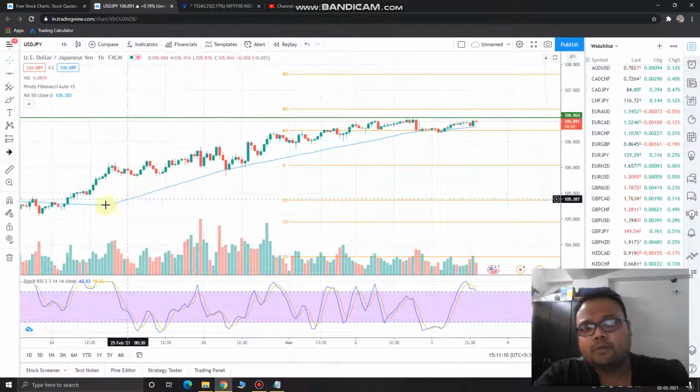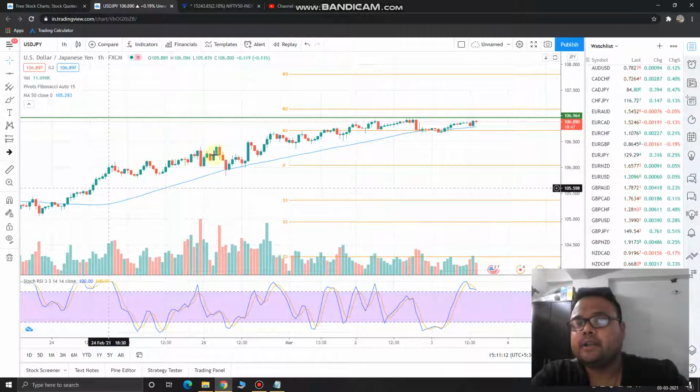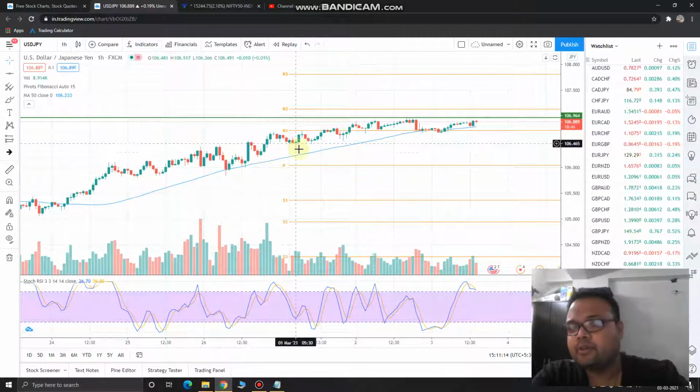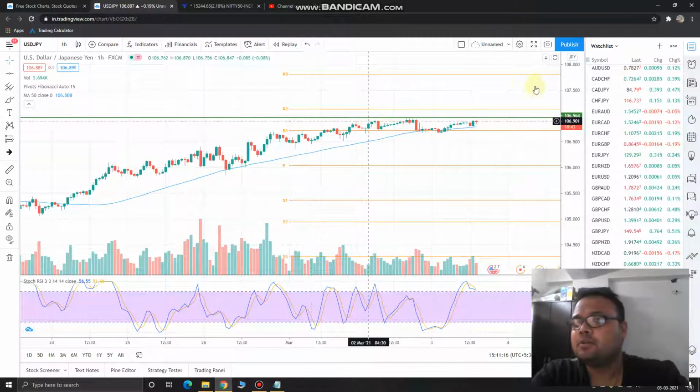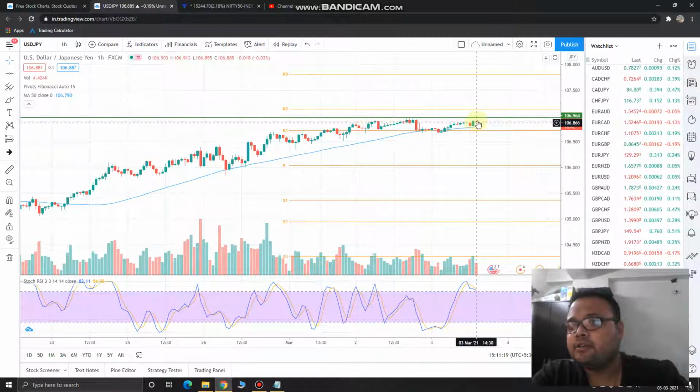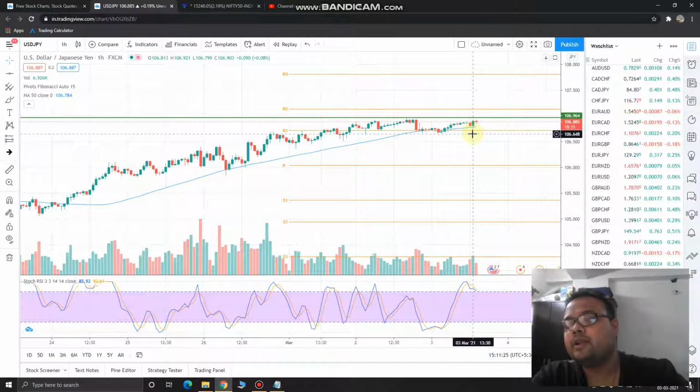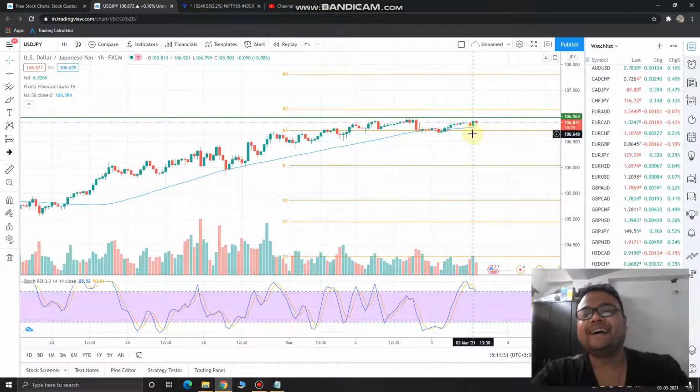In the 1 hour time frame we can also see that it is beautifully respecting the 50 moving average. It is taking support, so we can initiate a trade just above this line, or at the 107 level, keeping our stop loss below the 50 moving average. This is how we can solve the tricky issues.